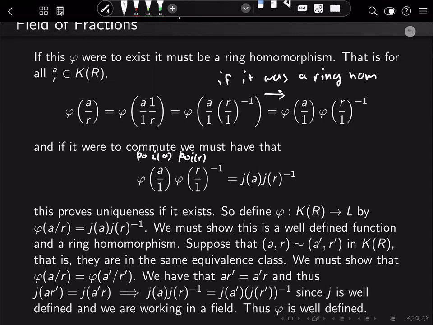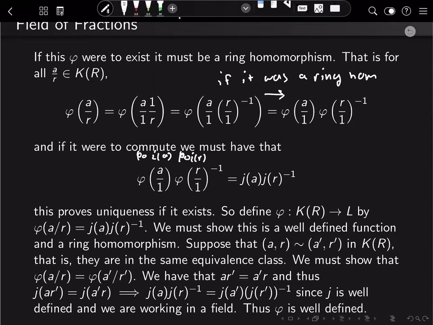So we have to show that this is a well-defined ring morphism. If we have two equivalence classes in K of R, so if A, R is similar to A prime, R prime, we must show that phi of A over R is equal to phi of A prime over R prime.